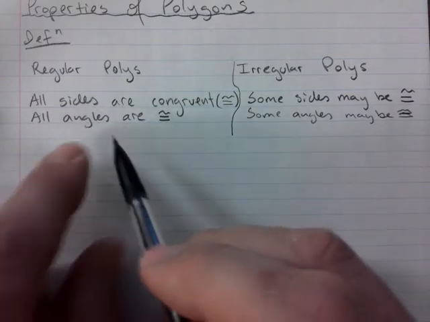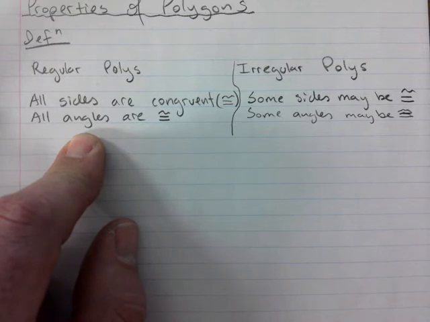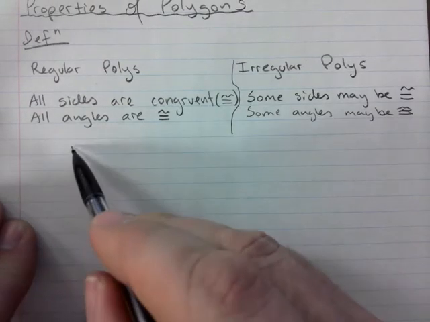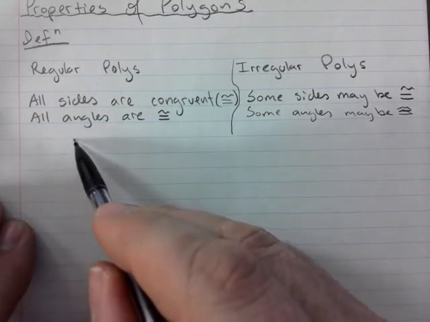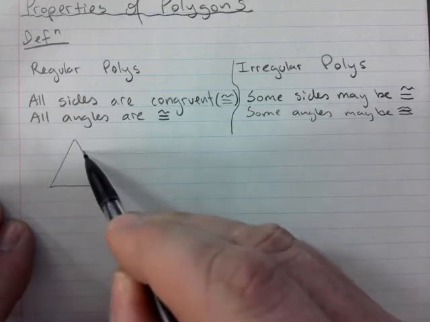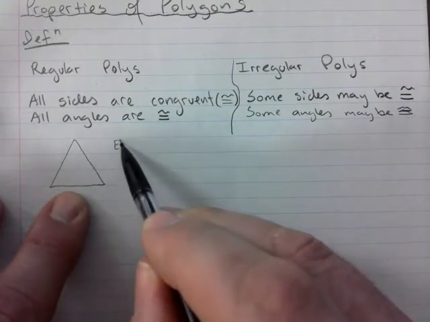Which is very interesting, because if all angles are the same, then whatever the total should be, you can split it evenly amongst however many angles there are. So examples would be an equilateral triangle.